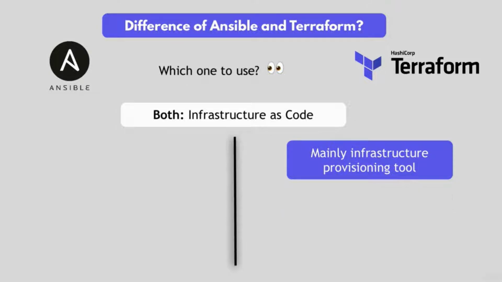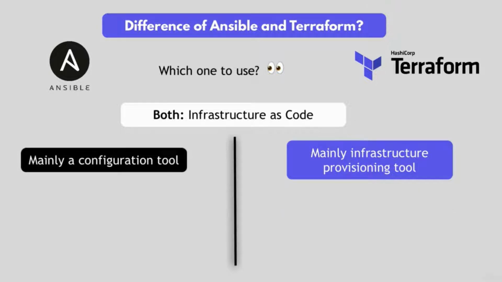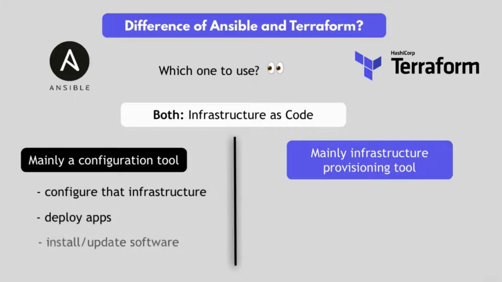Ansible, on the other hand, is mainly a configuration tool. So once the infrastructure is provisioned and it's there, Ansible can now be used to configure it and deploy applications, install and update software on that infrastructure, etc. So as you see, there are overlaps of what each tool does, and this creates the confusion.